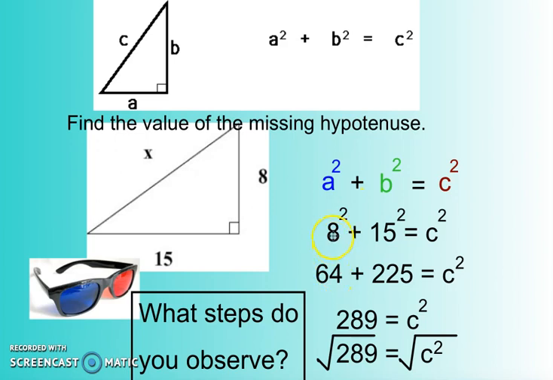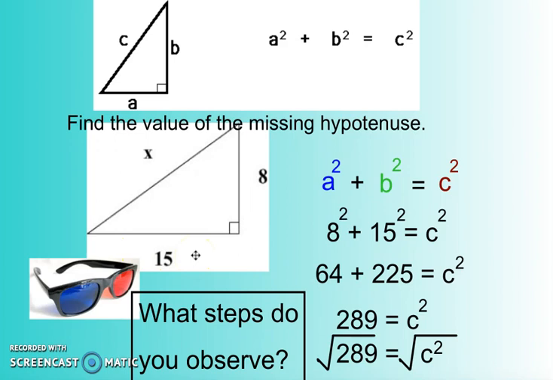So let's do that. 8 squared is 64. 15 squared is 225. If I add them together, I get 289. Now, there is no way that this hypotenuse is 289 units. There's no way. That's too big, especially when these are only 8 and 15.